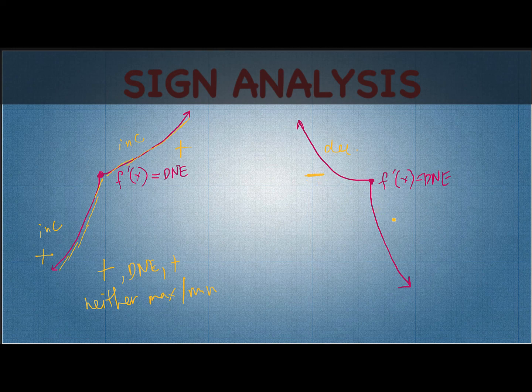And still here we have decreasing slopes, so we still have negative. So our sign analysis will be negative, does not exist, then negative, and this one will also produce neither a maximum nor a minimum.